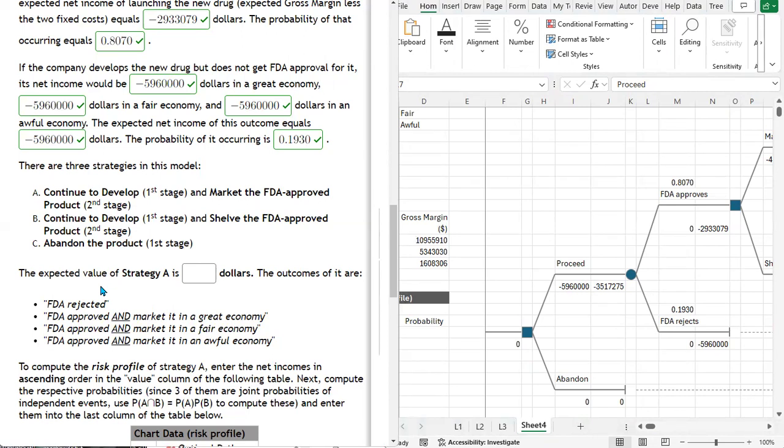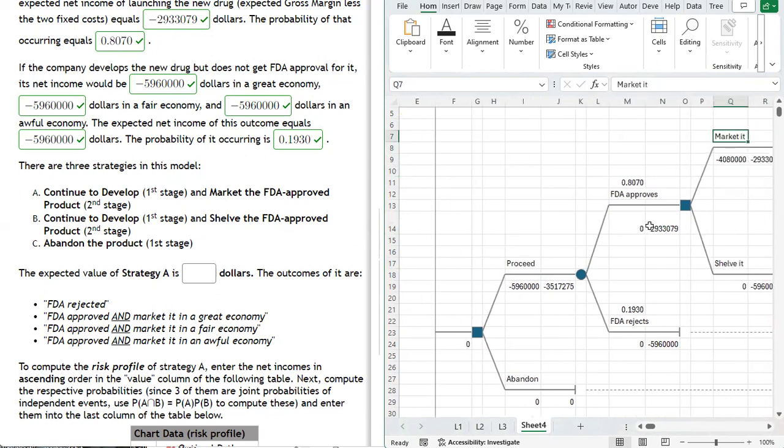The expected value of strategy A is what? Well, if it continues to develop the product and then markets this product upon FDA approval, the expected value of that is $3.5 million roughly. It's a loss.